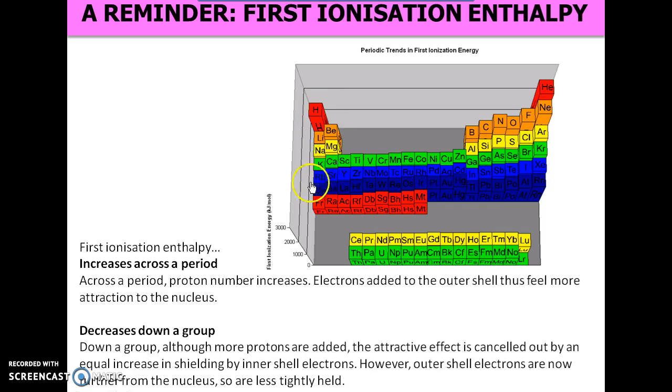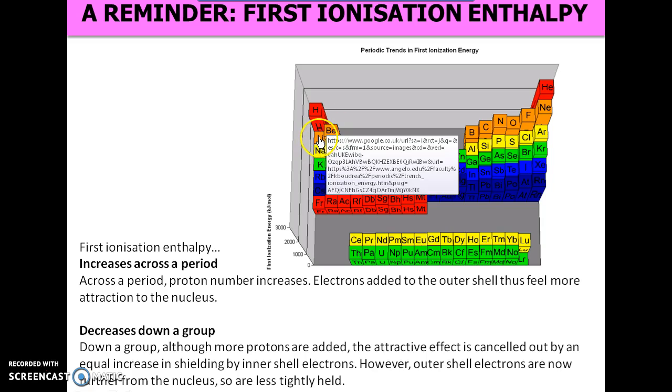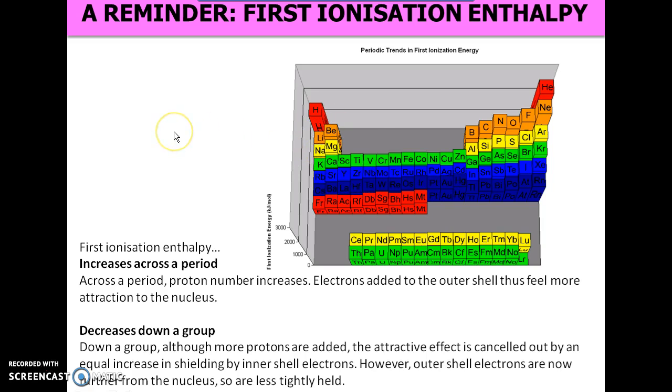Now going down a group, so as we go say from lithium to sodium to potassium to rubidium, etc., ionization enthalpy decreases. If we go from lithium to sodium, although we've added another 8 protons into the nucleus, we've added another 8 inner shell electrons that effectively cancel out that increase in nuclear charge.